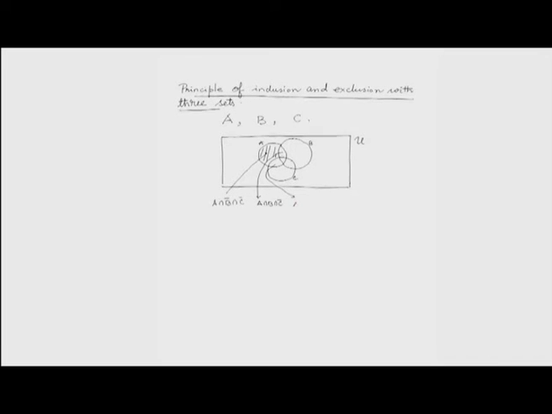This region is A intersection B complement intersection C. This region is A complement intersection B complement intersection C. This region is A complement intersection B intersection C, and lastly this one is A complement intersection B intersection C complement.